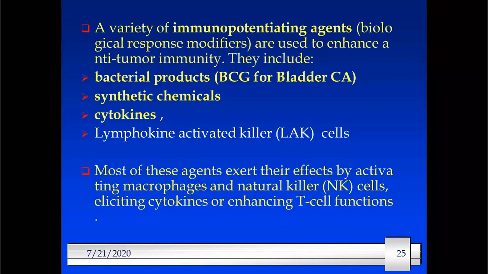We have certain synthetic chemicals that might be given to potentiate immunity, or cytokines also, and we have lymphokine activated killer cells, LAK cells, another mechanism to potentiate the immune system and make the immunity able to get rid of the tumor. Most of these agents exert their effect by activating macrophages and natural killer cells, eliciting cytokines or enhancing T cell functions.